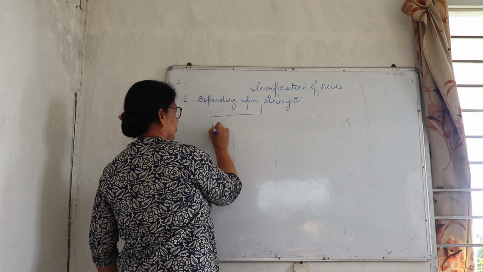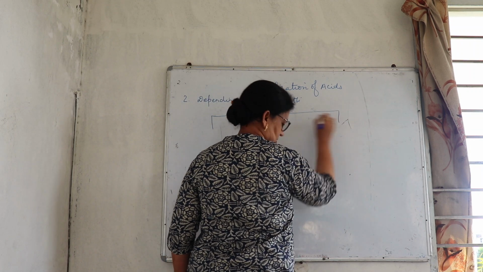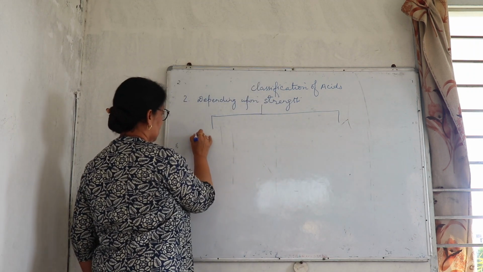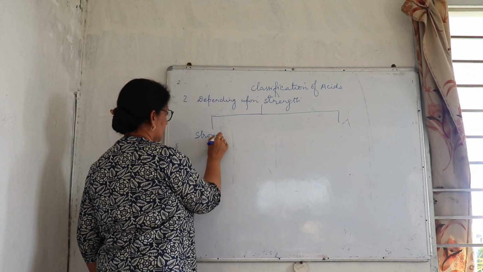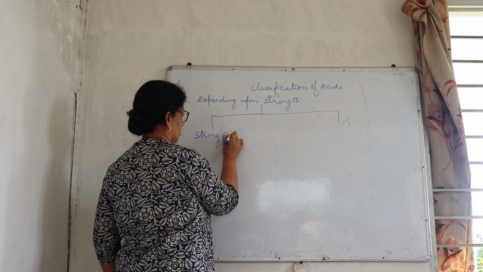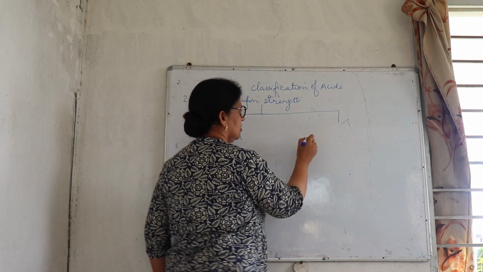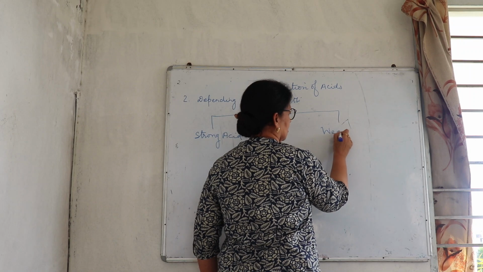Again, acids are of two types. One is strong acid, the other is weak acid.